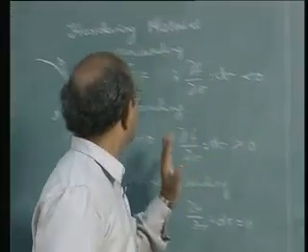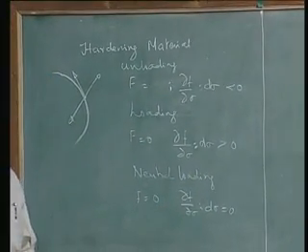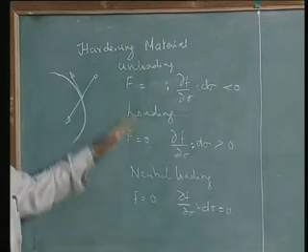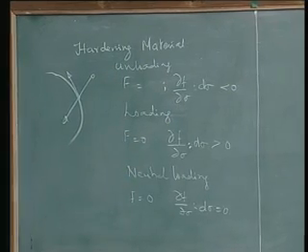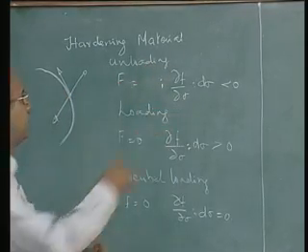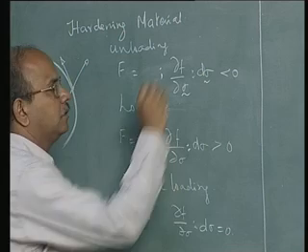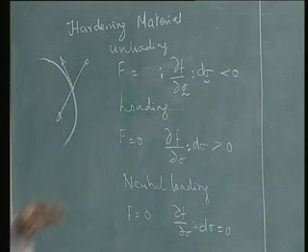In the last class, we were talking about the loading and unloading criteria, and we just saw how it is for a hardening material. We said that there is unloading when ∂f/∂σ double dot dσ, of course all of them are tensors, is less than 0.